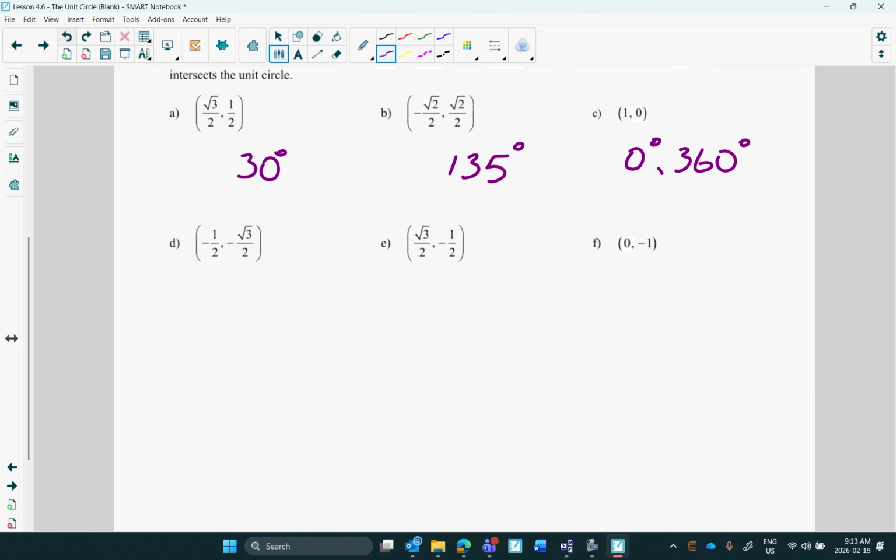Negative 1/2, negative root 3 over 2. So that's quadrant 3, 60-degree family. So what's the measure in quadrant 3? 180 plus 60 degrees? 240 degrees.